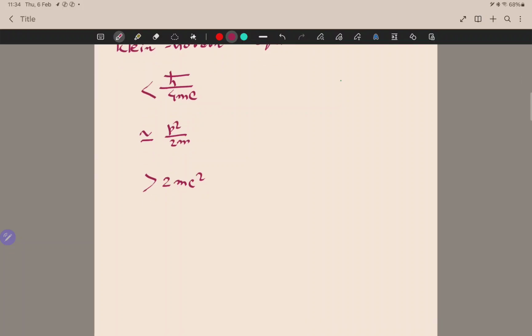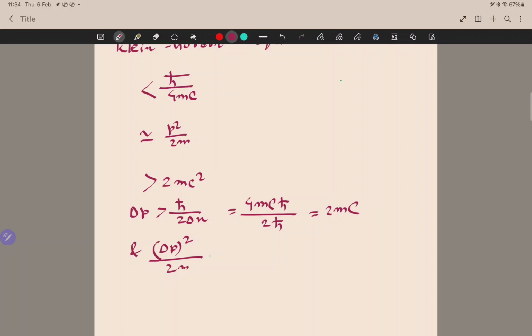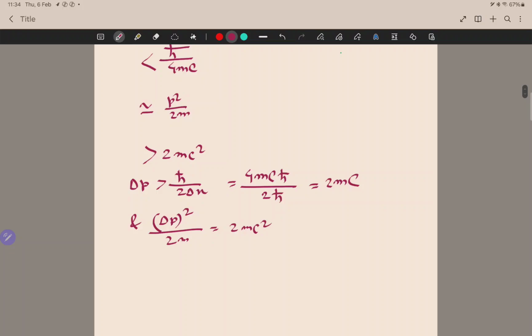This can be seen as Δp greater than ħ divided by 2Δx, equal to 4mcħ divided by 2ħ, equal to 2mc, and (Δp) square divided by 2m equal to 2mc square. Suffice to produce a pair of particles; the upper limit of the velocity in relativity is responsible for this.